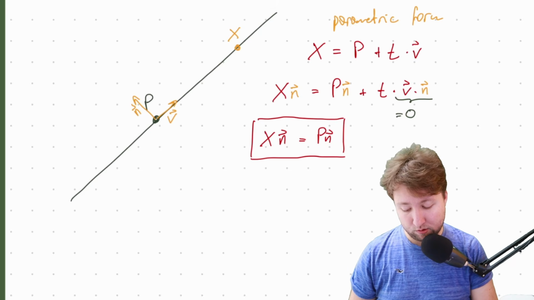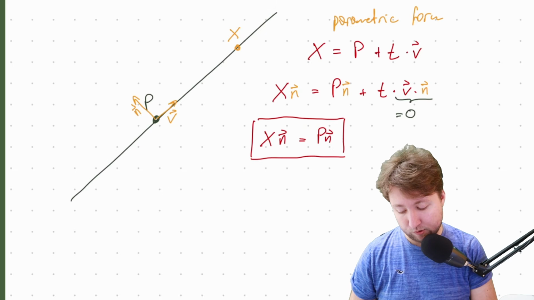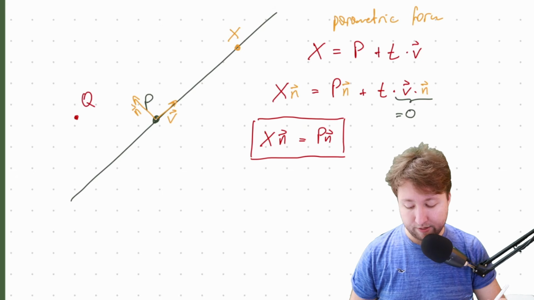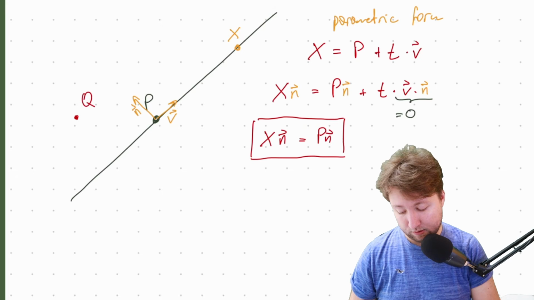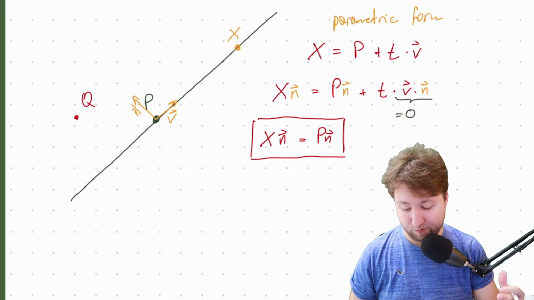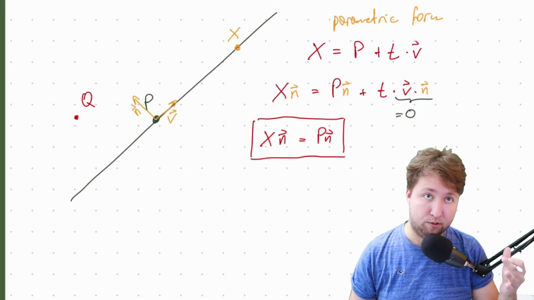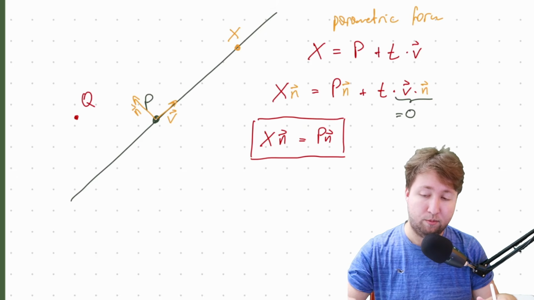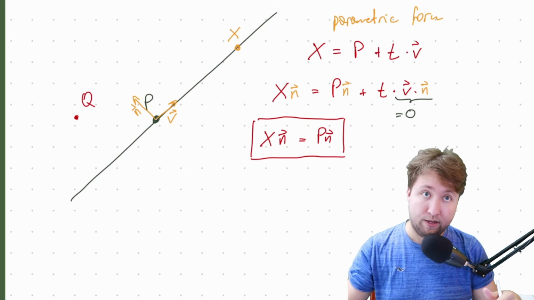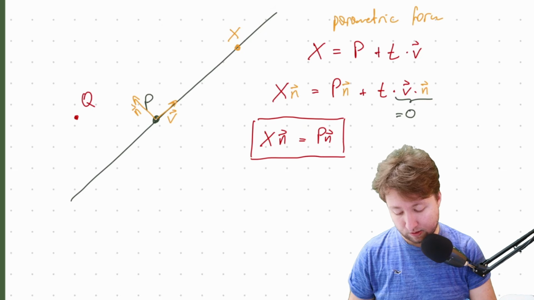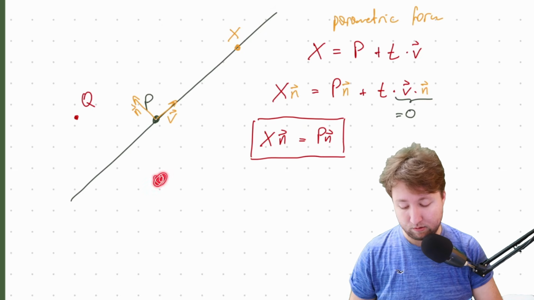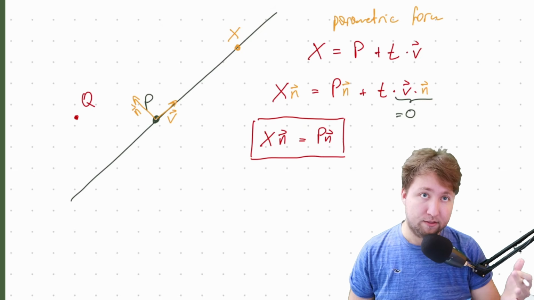If we now choose not a point on the line, but say we walk from the line in the direction of the normal vector somewhere in this half plane, so say we choose this point Q here, then the number, instead of this Pn, which we had before, Qn would be larger because we moved in the direction of the normal vector. And likewise, if we move in the opposite direction, so somewhere on this lower half plane here, then this number would get smaller.